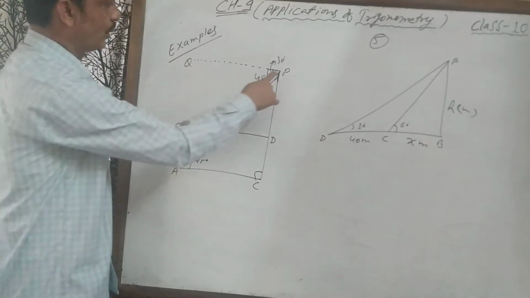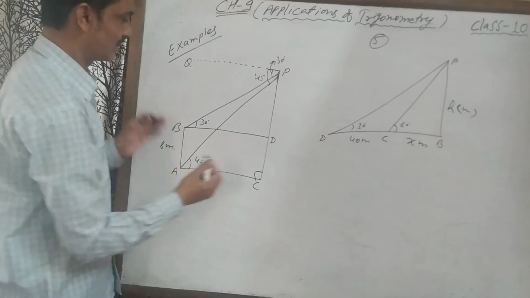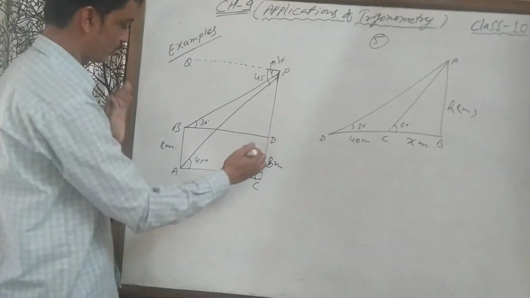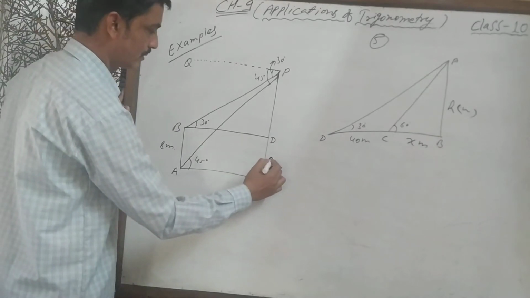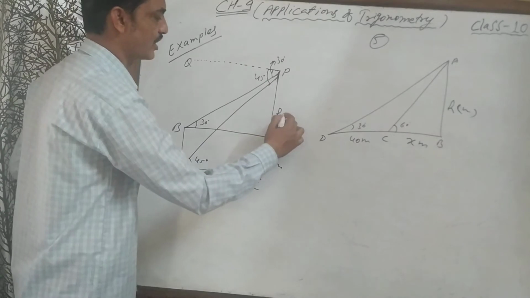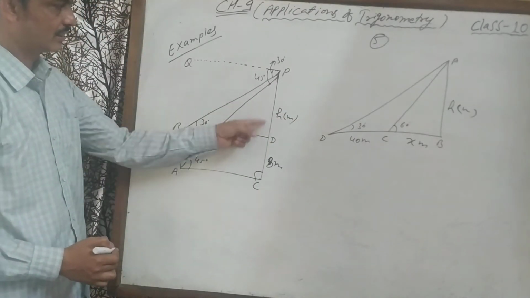Right? Now in triangle PBD, this is also 8 meter, because it is given. Here it is 8 meter. Then you can let PD be h meter. Understand? PD.